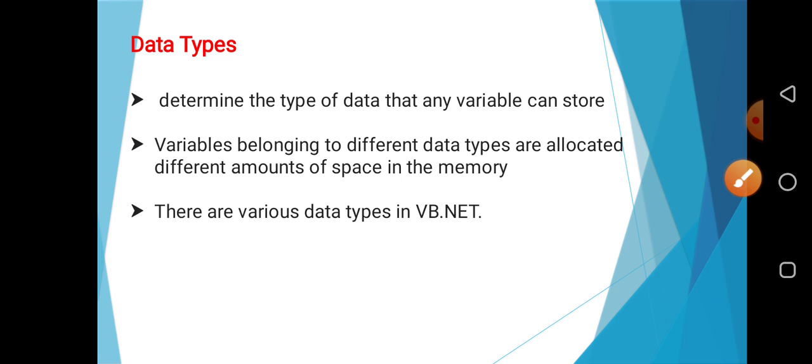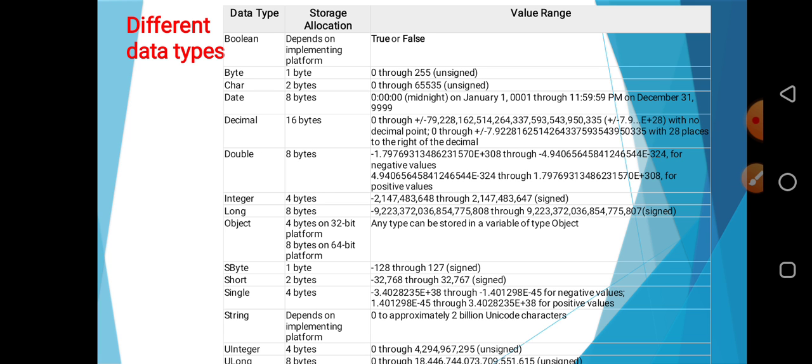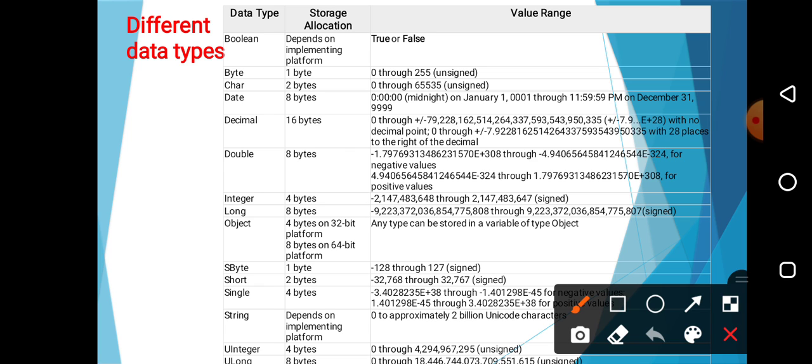So, what are the different data types available in VB.NET? Let's have a look at it. The following table shows the different data types available in VB.NET.